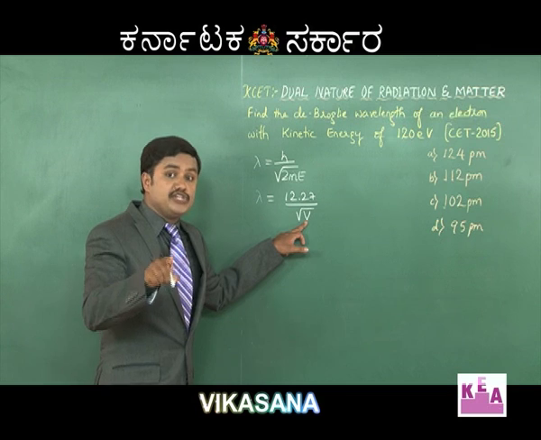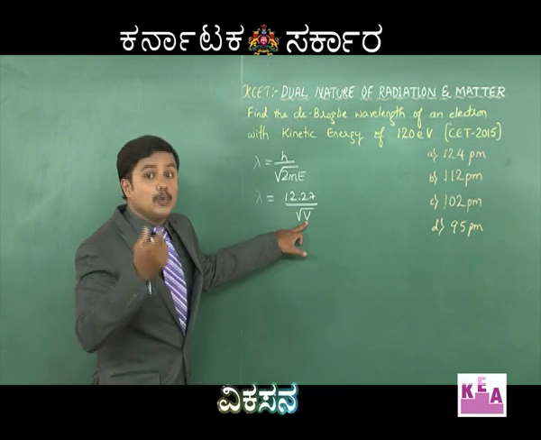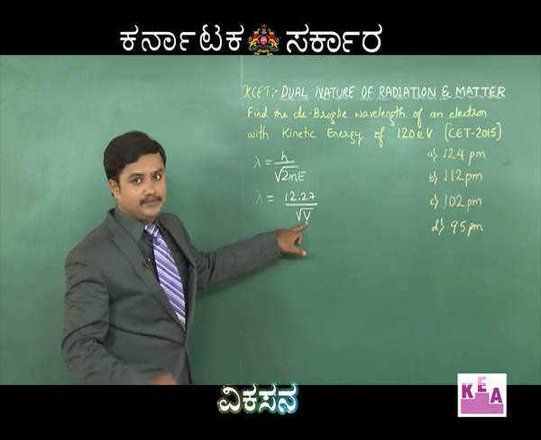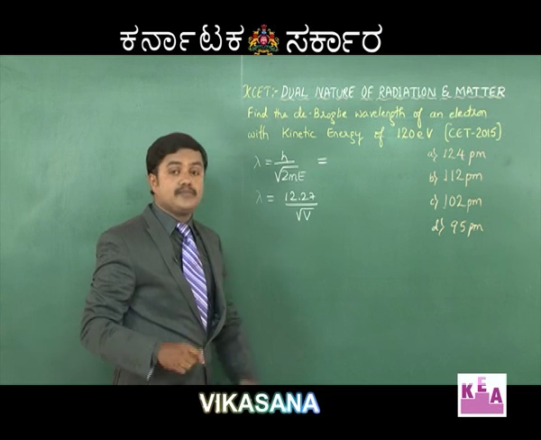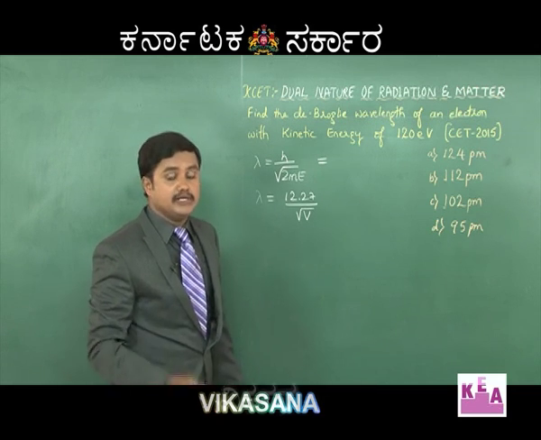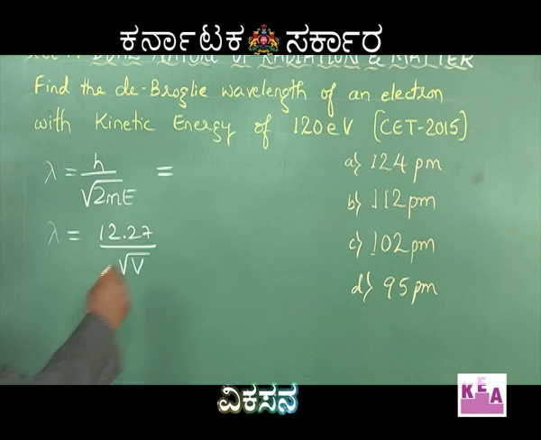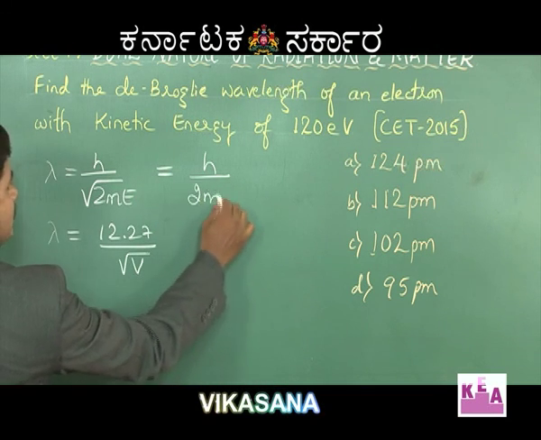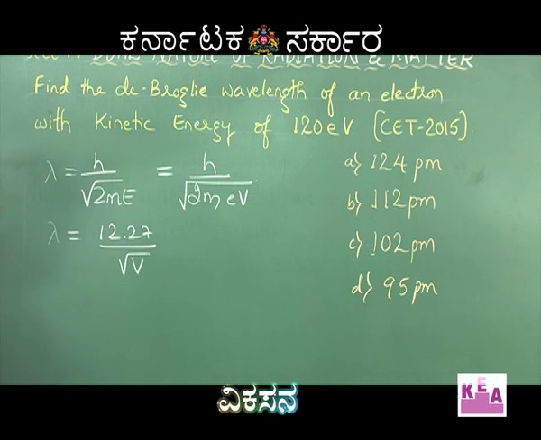It is the potential through which the electron is accelerated to attain a kinetic energy of eV. You all know that for an electron, if V is the applied potential, it attains a kinetic energy which is eV, from which this expression can be written as root of 2m, in place of E, I will write eV, under root.